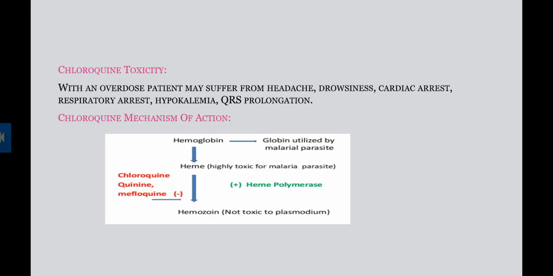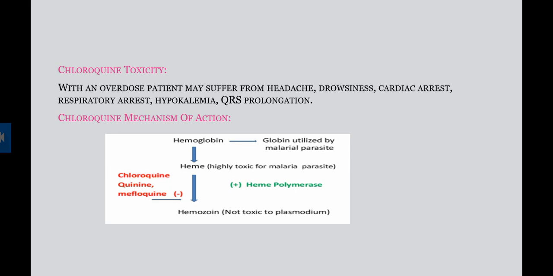Chloroquine toxicity. With an overdose, patients may suffer from headache, drowsiness, cardiac arrest, respiratory arrest, hypokalemia, QRS prolongation. Okay, what is the chloroquine mechanism of action? As we can see, hemoglobin is converted into heme, and heme is converted into hemozoin by the enzyme heme polymerase.